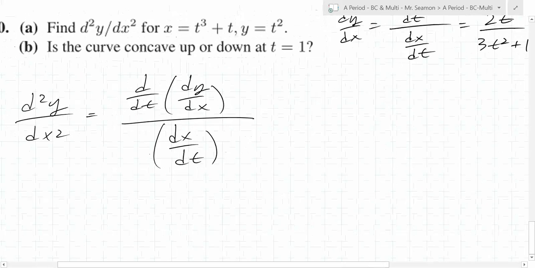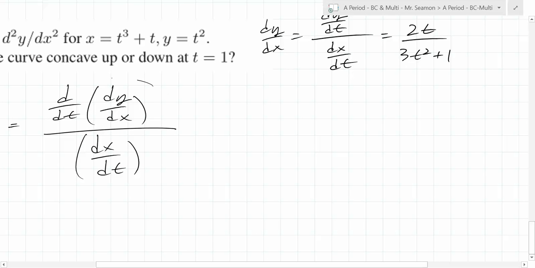Now, to find this numerator, we have to apply the chain rule and take the derivative with respect to t. Exactly, so quotient rule: d/dt of 2t over 3t squared plus 1.